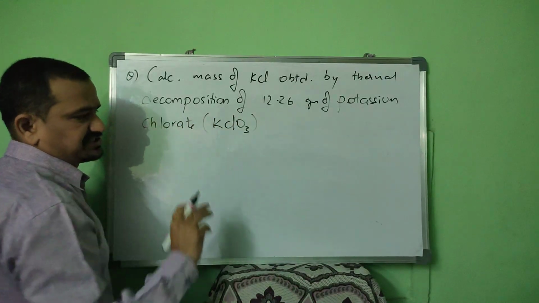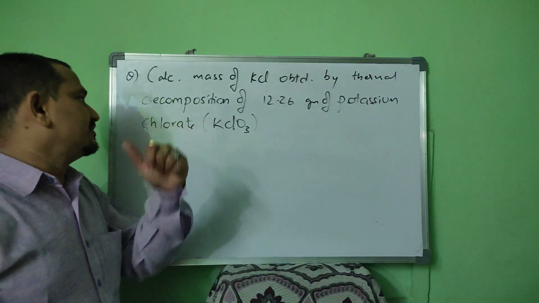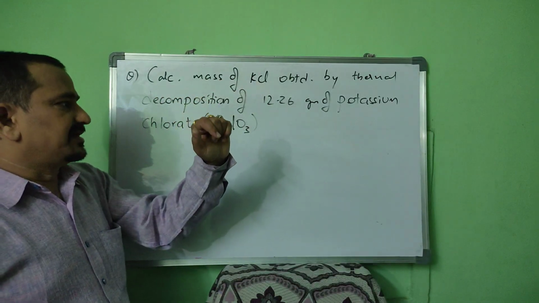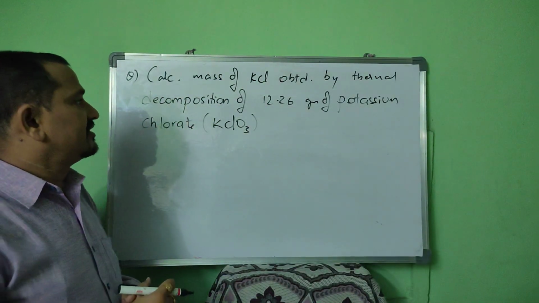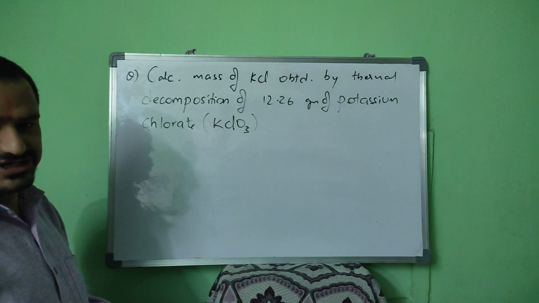KClO3 is called potassium chlorate. A similar numerical. Calculate mass of KCl obtained by thermal decomposition of 12.26 grams of potassium chlorate.